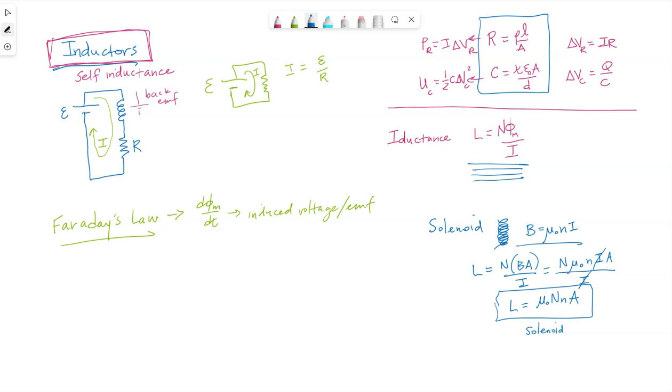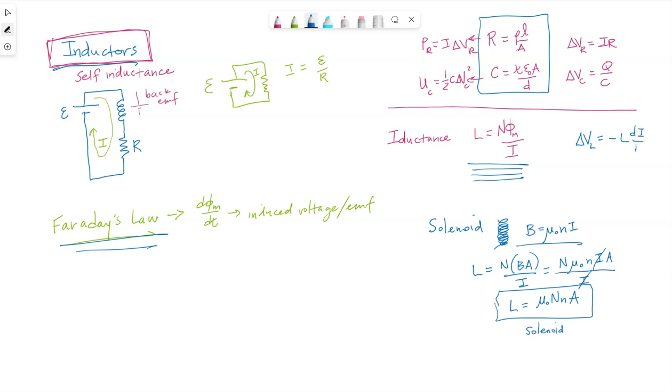Excuse me. Now the voltage drop across an inductor. Since we're talking about Faraday's law here, and we're talking about an induced voltage because of a changing flux, the inductor has a voltage drop across it.